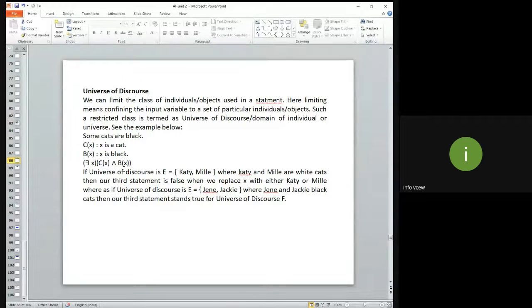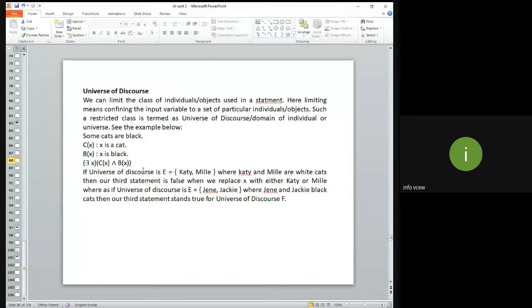We said C of x is a cat and B of x is black color, but you are told that Catty and Millie are the white cats. So the entire statement is a false statement. Suppose Catty or Millie, any one of the cats is black color, then your third statement is true.